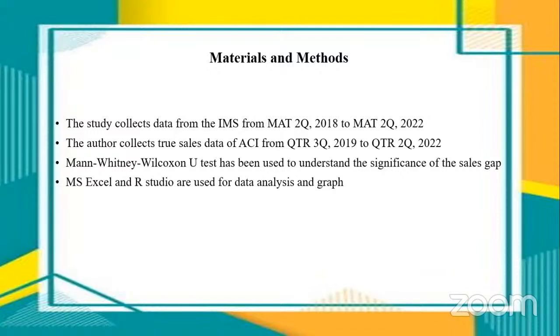That means there are 12 quarters of data. Due to data nature, the study uses the Mann-Whitney-Wilcoxon U-test to understand whether the sales gap is significant or insignificant. The study uses MS Excel and R Studio for different calculations and graphs.